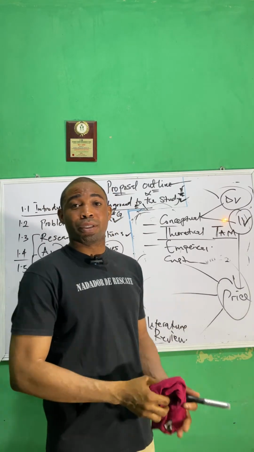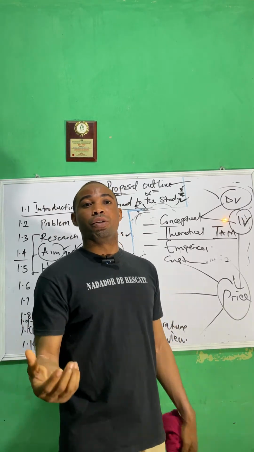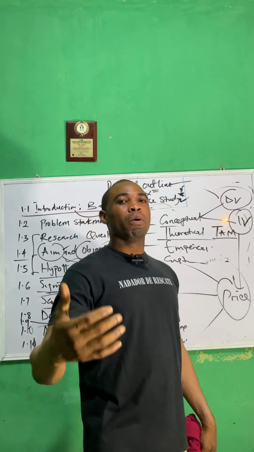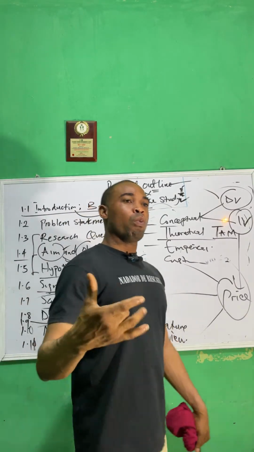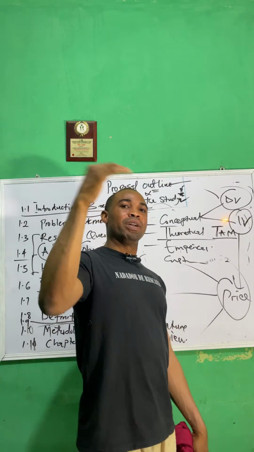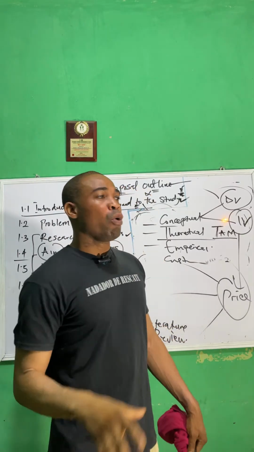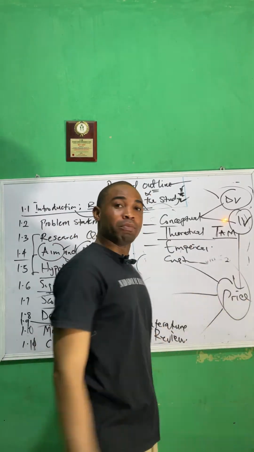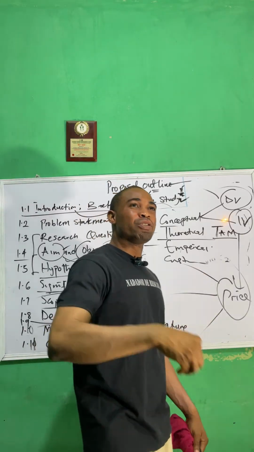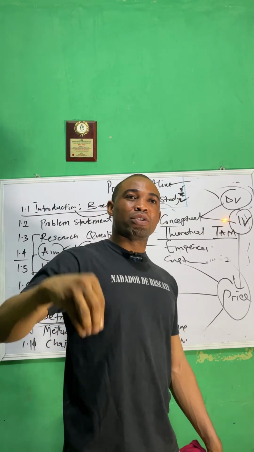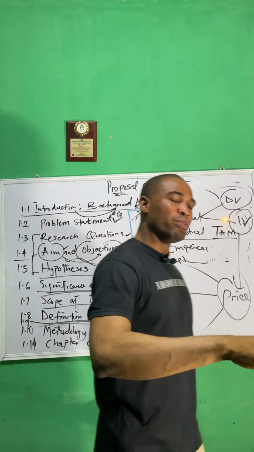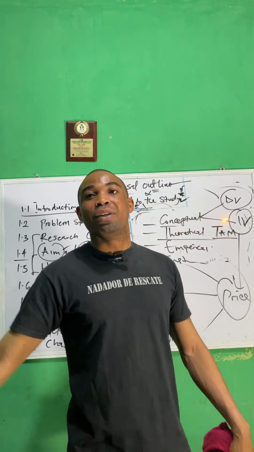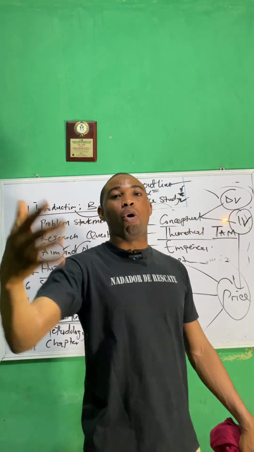We can have more than two theories when you want to review theory, but a minimum of two theories for you to review. One will be covering your independent variables and one will be covering your dependent variable. Whatever theory you want to review in your research must explain your dependent variable and your independent variable. That's why you can have two theories or more than two.